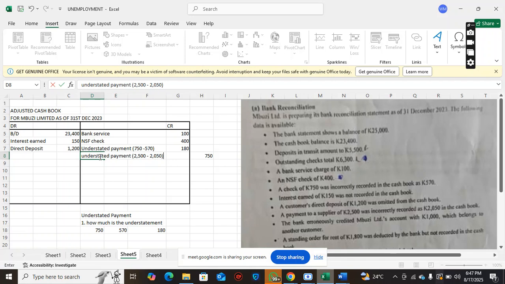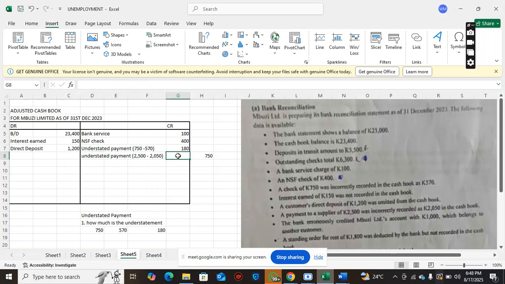I hope we wrote down those notes, as for understated and overstated. So in case tomorrow they bring overstated payments, you know what to do. When payment is overstated, what do we do? Yes, you debit the difference. Okay.